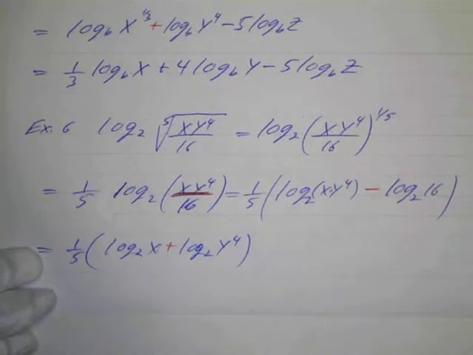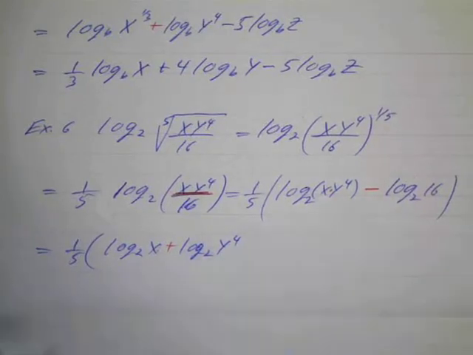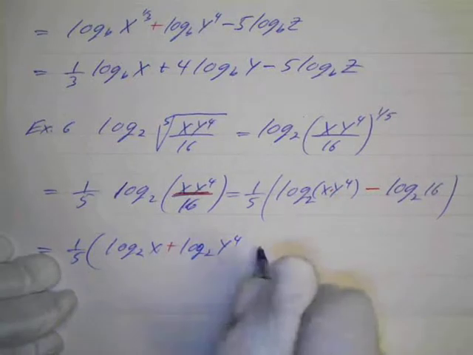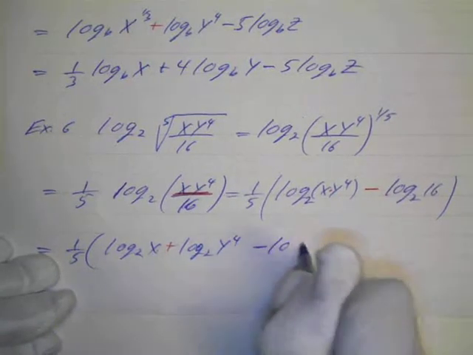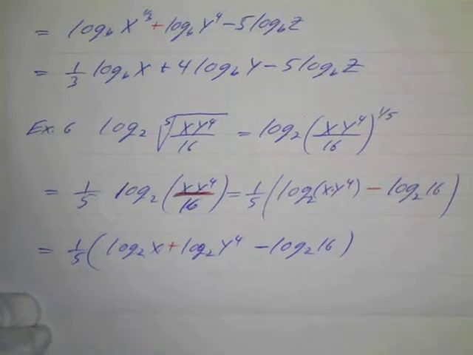Oops. Well, I guess I don't really need the parentheses there because I'm just going to subtract here. Let me get rid of that. Okay. And then minus log to the base 2 of 16. There we go, and that's all times the 1/5.